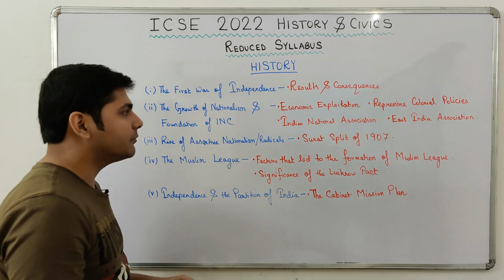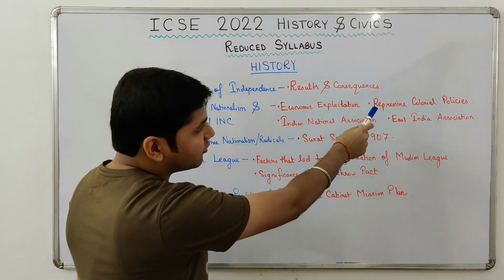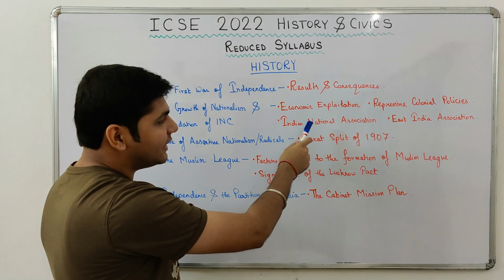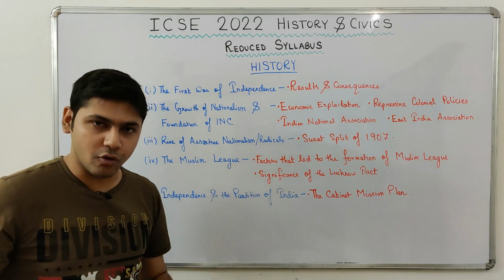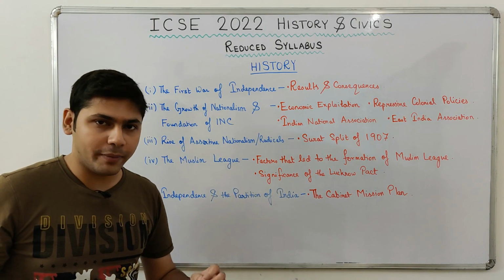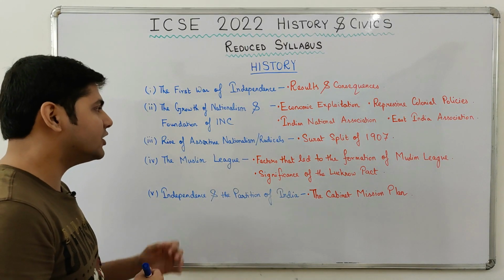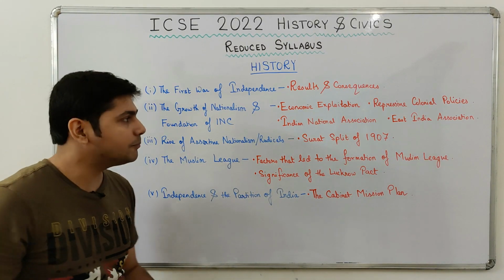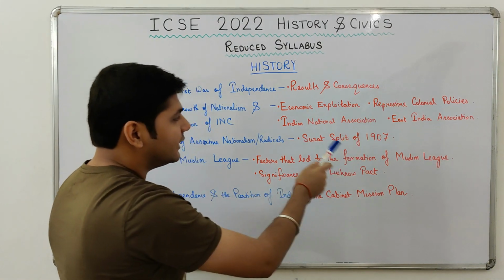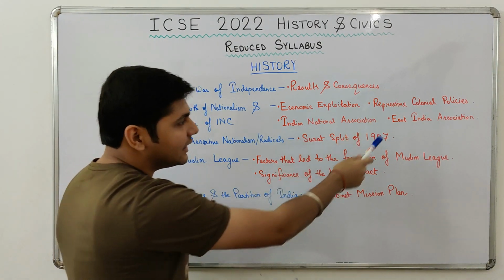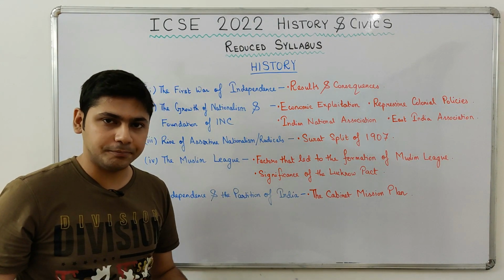From this chapter, the sections economic exploitation, repressive colonial policies, the Indian National Association and the East India Association have been removed. So four topics have been removed from the chapter, the growth of nationalism and the foundation of Indian National Congress, which are economic exploitation, repressive colonial policies, Indian National Association and East India Association. So you don't have to study these topics.